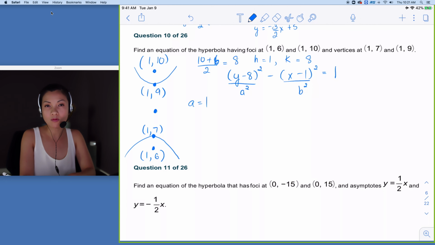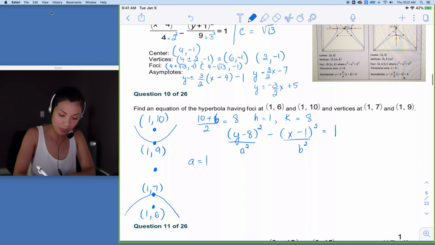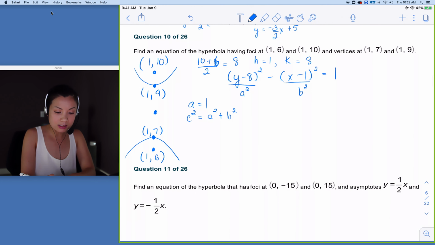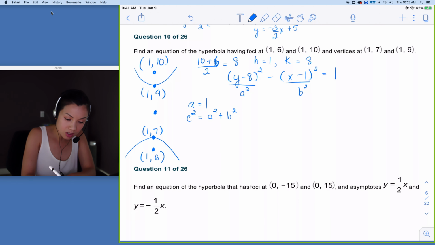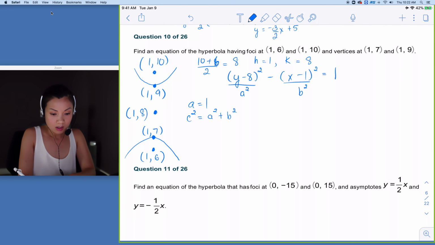Now, how do I figure out b? We need to remember the fact that c squared is a squared plus b squared. Now, c is the distance from the center to the focus.